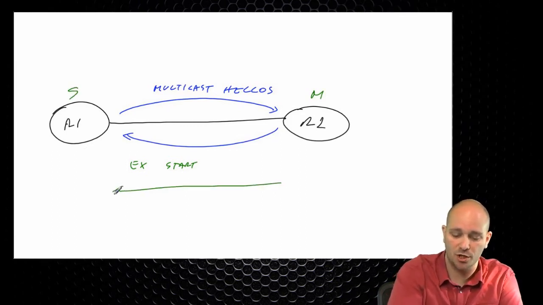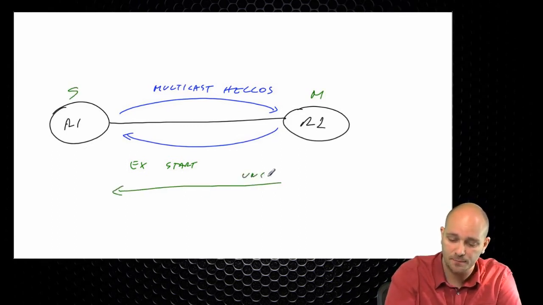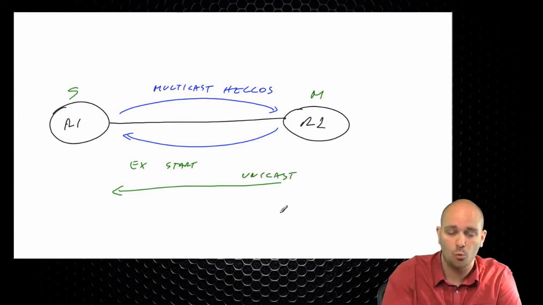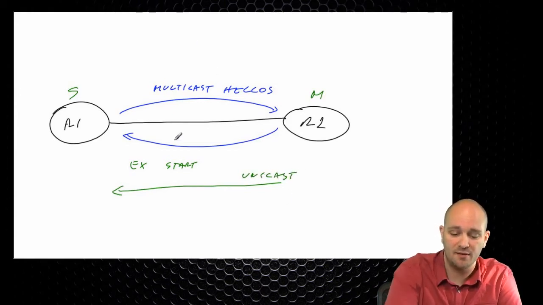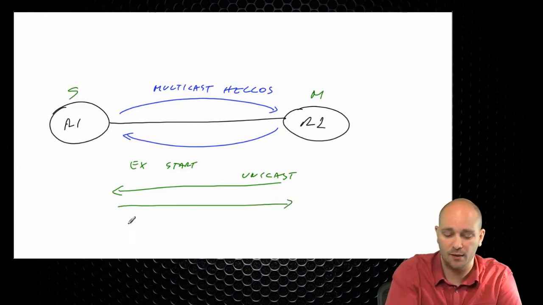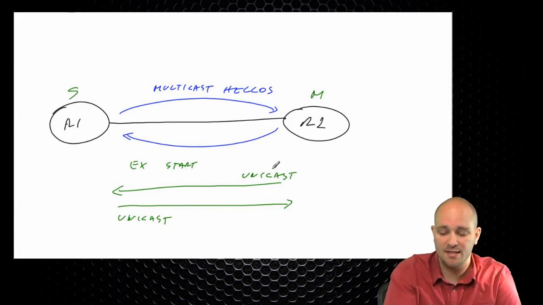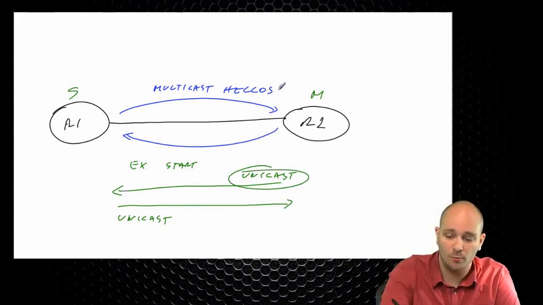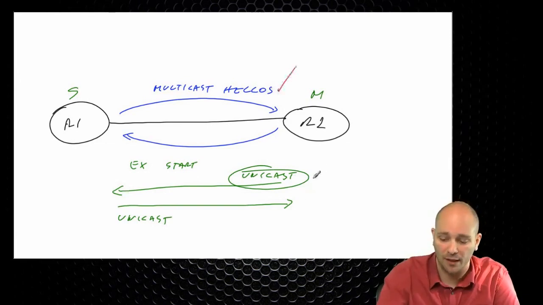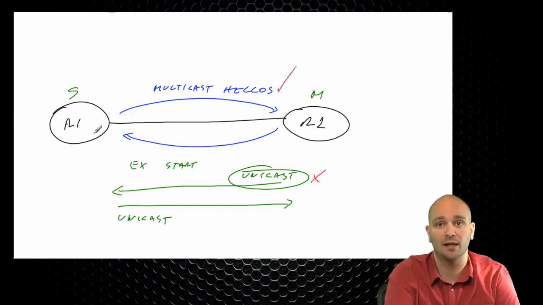The master is going to start speaking unicast with the slave, and the slave is going to be responding back using unicast. So this communication between them is actually going to be unicast. So you can have a situation in which multicast hellos are operating properly, but unicast cannot make it across.